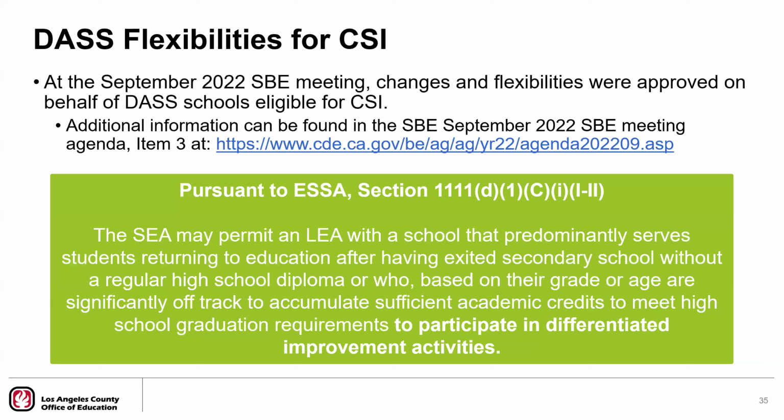So under ESSA, the state may permit an LEA with a school that predominantly serves students returning to education after having exited secondary school without a regular high school diploma, or who, based on their grade or age, are significantly off track to accumulate sufficient credits to meet high school graduation requirements to participate in these differentiated improvement activities. And so the next slide provides an overview of the differentiated improvement activities that are available to these schools.